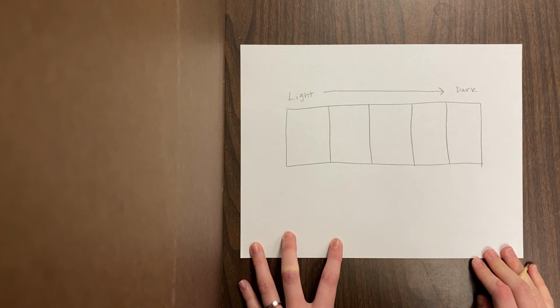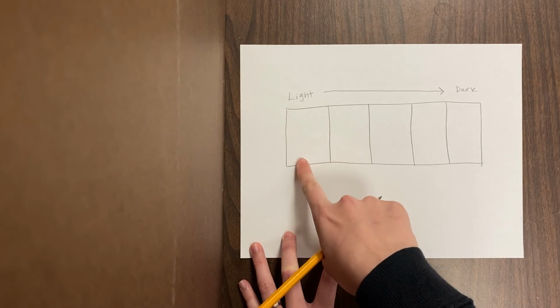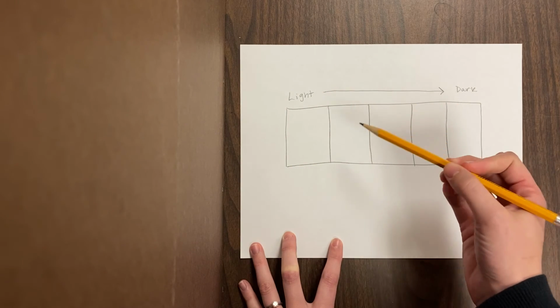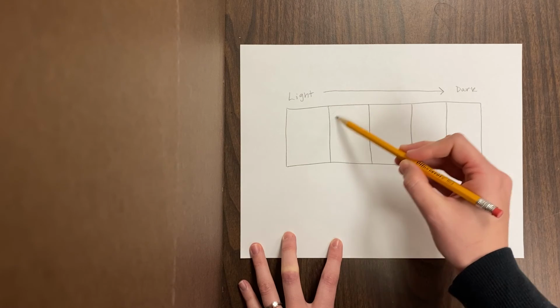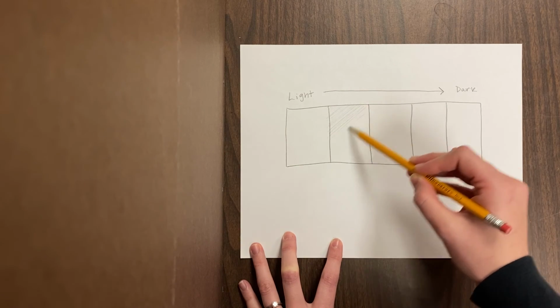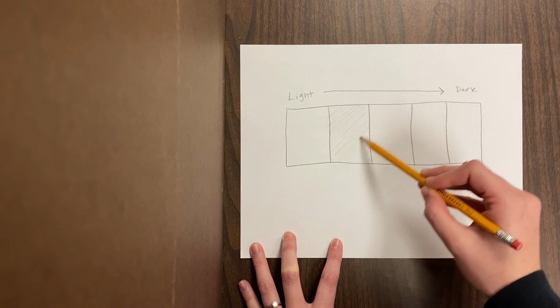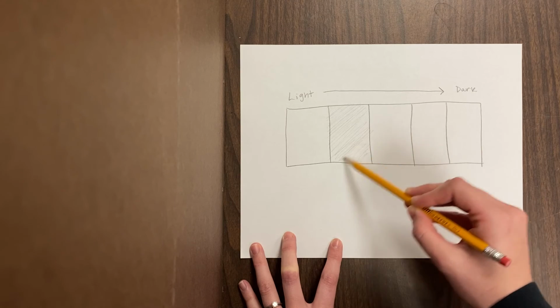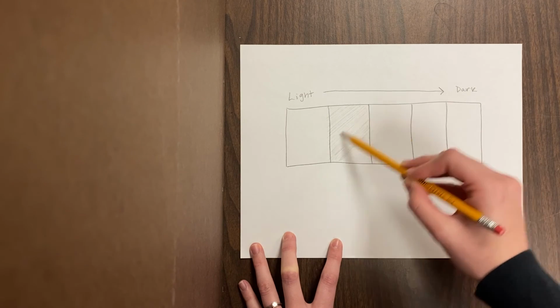Our very first square is going to just be white, so we're not going to color anything in there. But our second one is going to be just a little bit darker than that white. So I want you to take your pencil and very, very lightly fill in your next square. Very, very lightly.